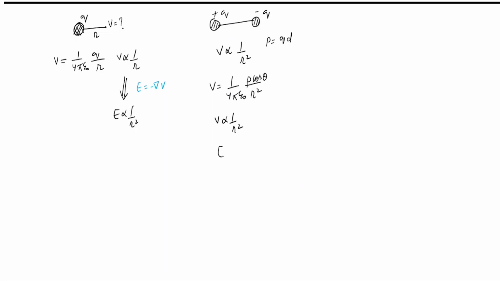So can someone tell me what about the electric field dependence? 1 by r square or 1 by r cube? 1 by r cube. Very good. Now, suppose I have a system like this: plus Q here, minus Q here, plus Q here, minus Q here. This question was asked in, I think, NET 2023 or 2014 or something.